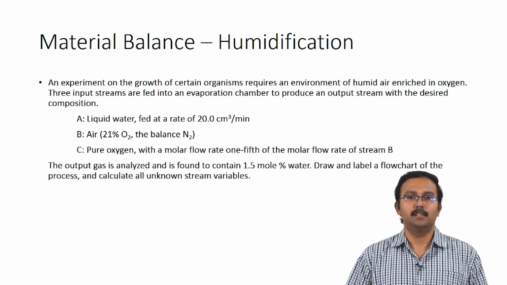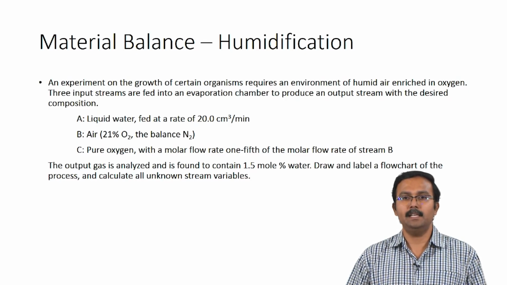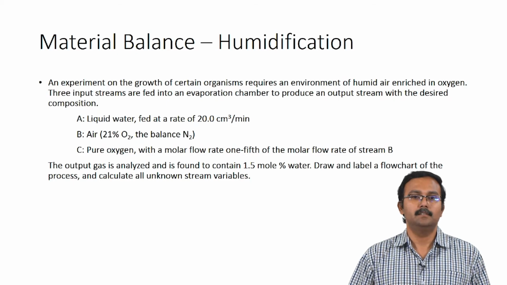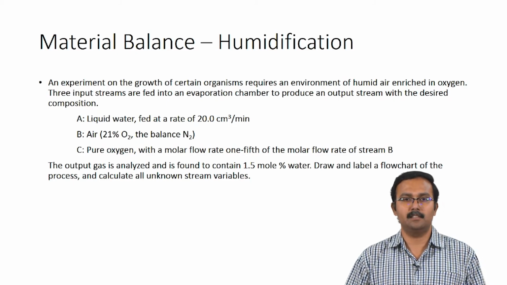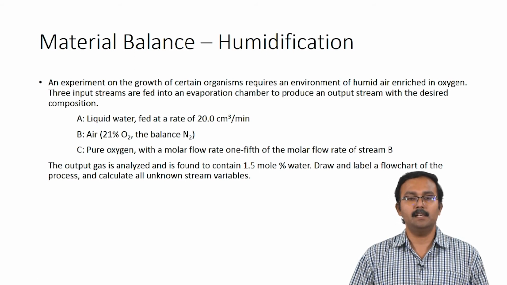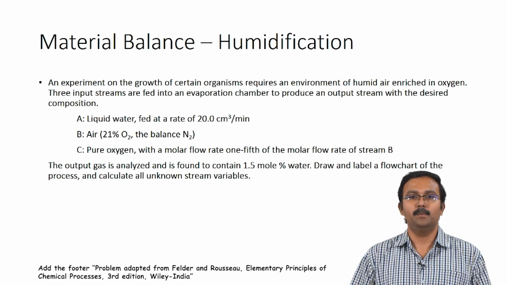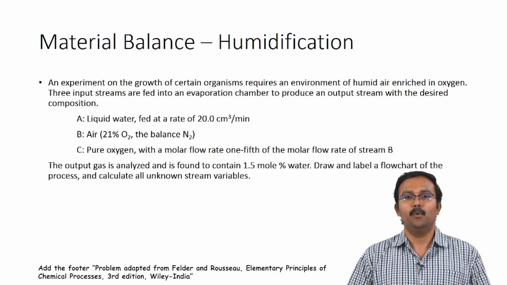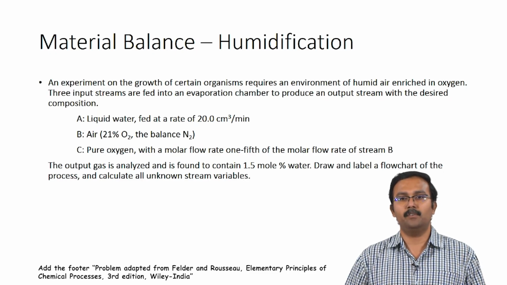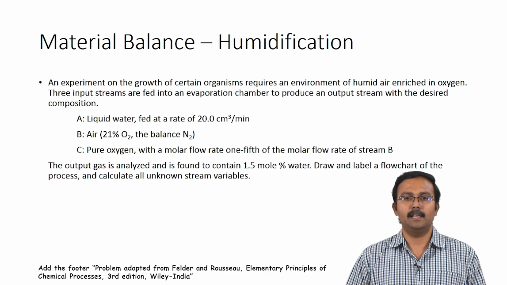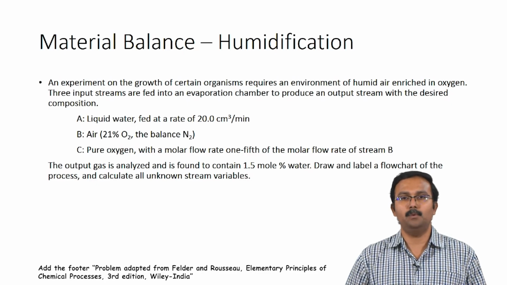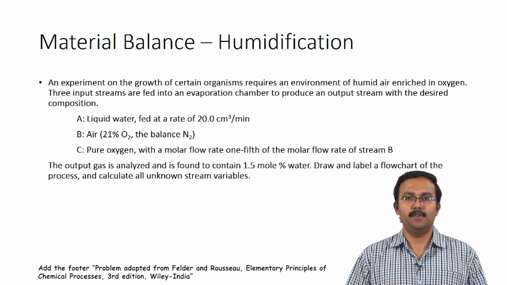Liquid water which is fed at a rate of 20 centimeter cube per minute, the second stream being air which contains 21% oxygen and the rest is nitrogen, and you have the third stream which is pure oxygen with a molar flow rate of 1/5 of the molar flow rate of the stream B. The output gas is analyzed and is found to contain 1.5 mole% water.